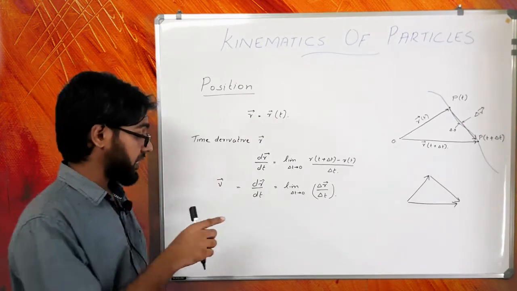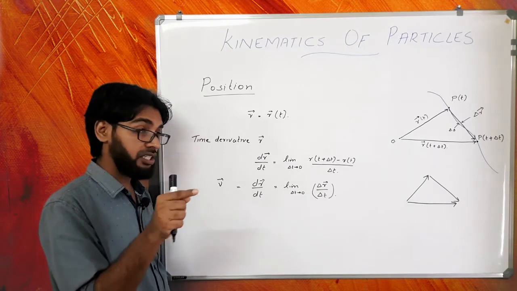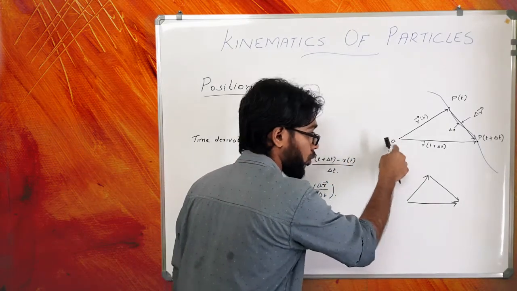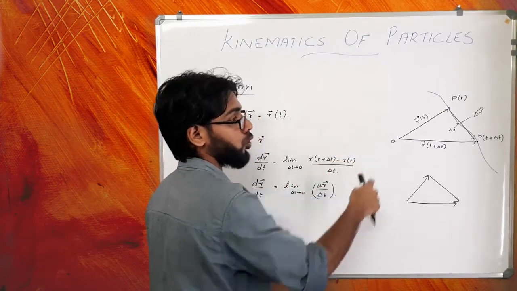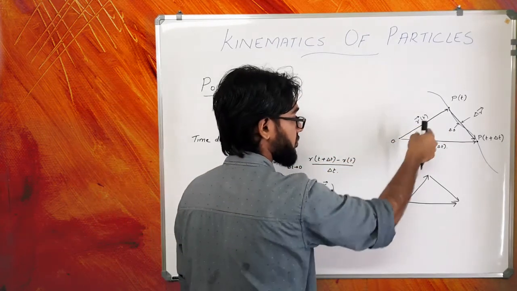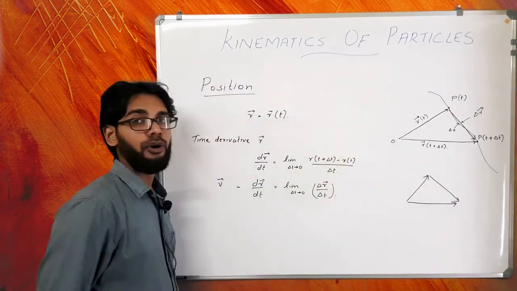Note that the velocity is also a vector and is established in reference to the point O. Like you have the position vector with reference to the point O, the velocity vector will also be with reference to the point O.